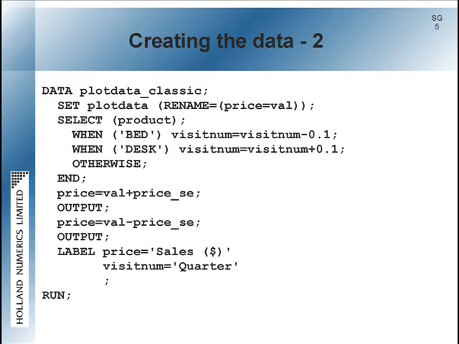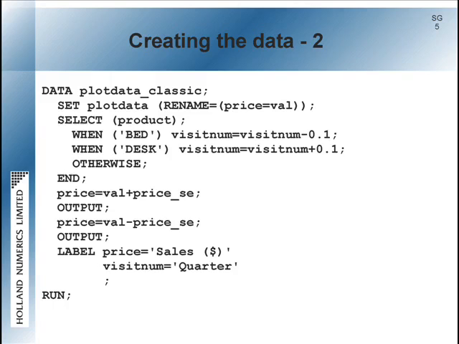And then we're going to draw a line through the midpoint, which will effectively be the original value. It's just a fancy trick that you have to do with GPLOT to make all the data fit into the same data set. I've also slightly shifted the visitnum values for the bed and desk data to make sure that the three values that are in there are offset so you can see the original points. You'll see that technique used in the other data that's coming along.